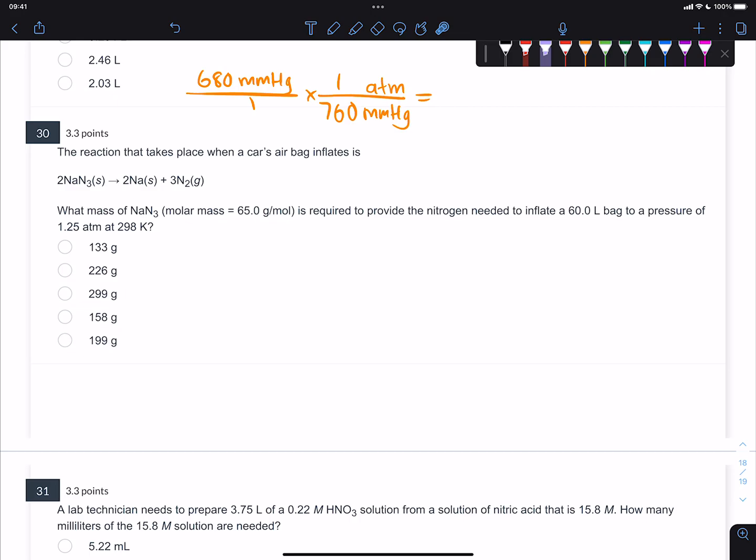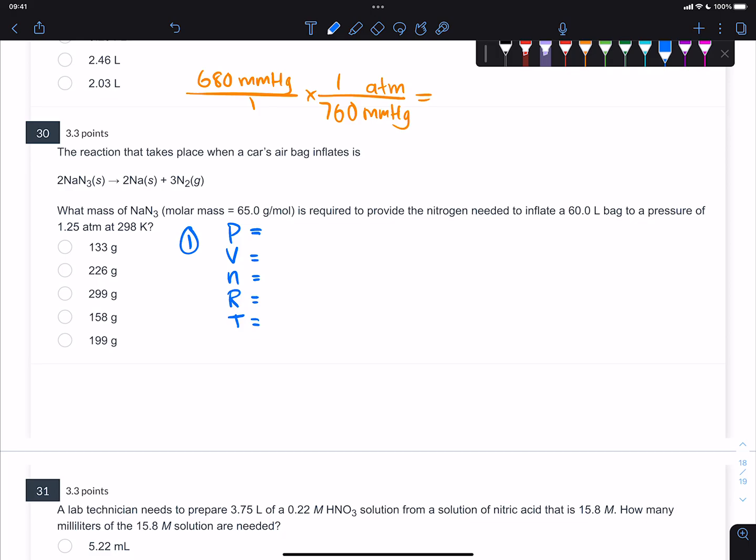But how do you do one of these problems? First of all, it asks what mass is necessary. So that means you need to first solve for moles using the ideal gas law. Then you've got to do stoichiometry after it. So step 1, take your information P, V, n, R, and T, and just do a problem solving strategy where you see what you have.